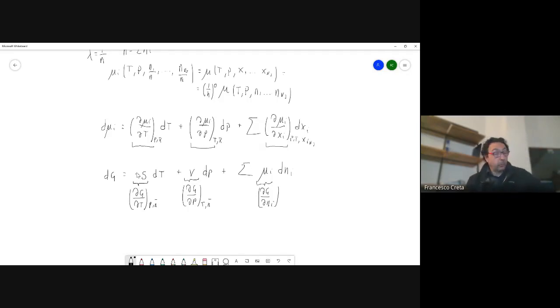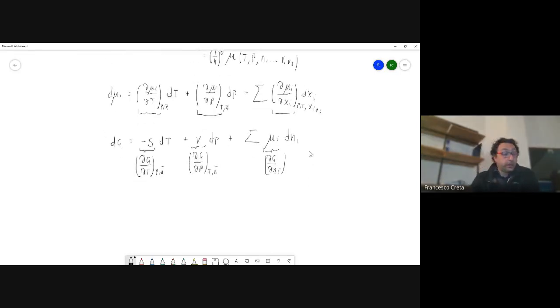So how do we proceed? Let's take this first derivative: if dg by dt is equal to minus s, then we're interested in this derivative here, d mu I by dt. We can write it in the following way.